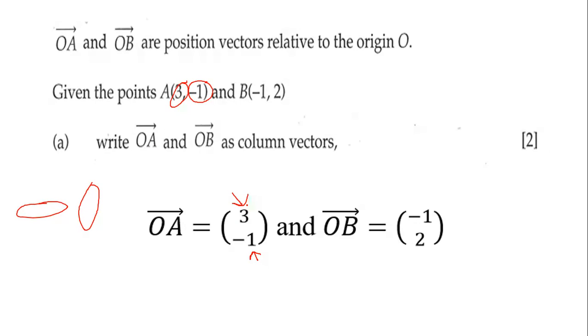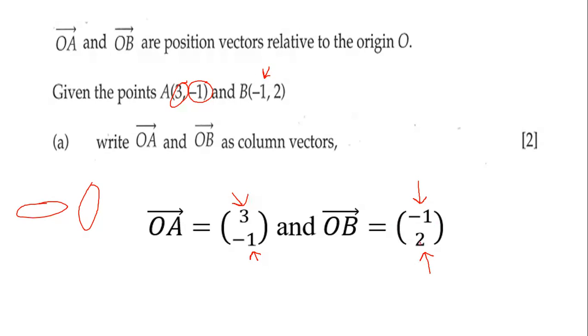Now the same thing applies for the vector OB. If we want to write the vector OB as a column vector, we take -1 and place it at the top, and we take 2 and place it at the bottom.